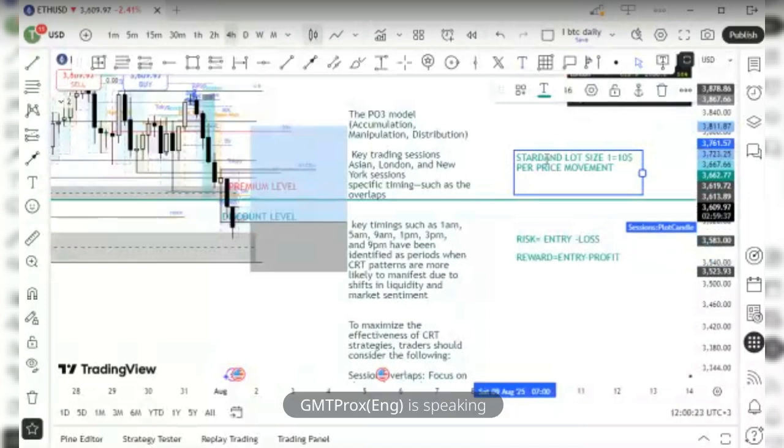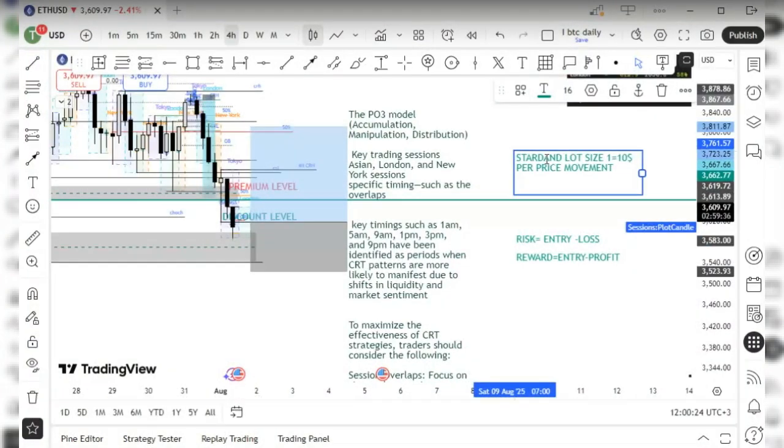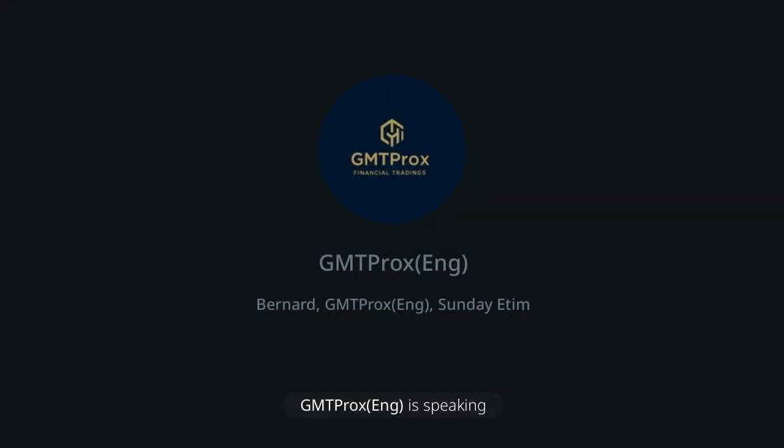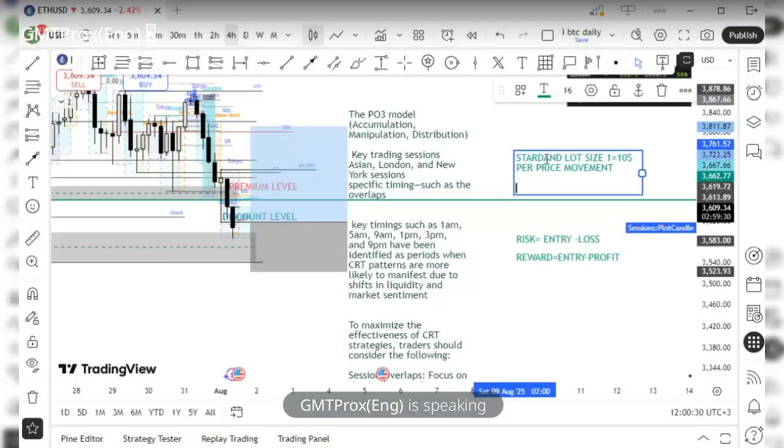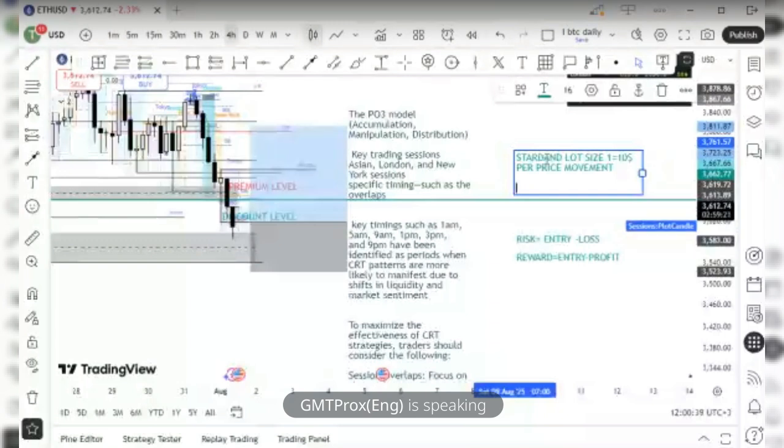So this is for big business: for every price movement, if you are using one lot size, the profit is $10 and the loss is $10. Just know that.